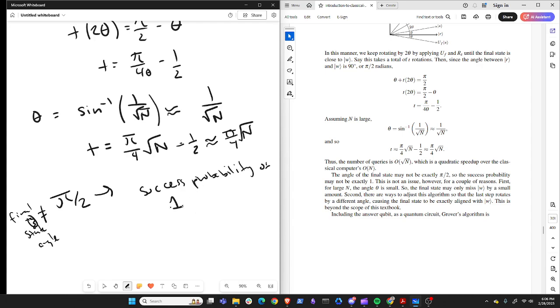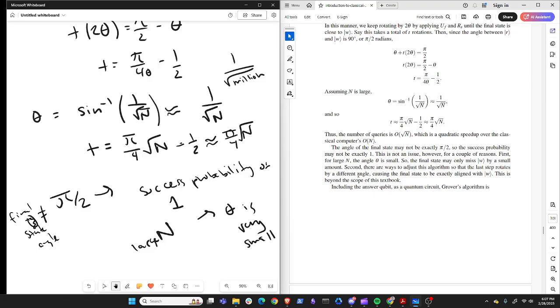And the idea is that for a very large n, theta will be very small. So if n is 1,000,000, theta would be approximately equal to 1 over square root of 1,000,000. So theta is going to be very small, so the final state may only miss w by a small amount.